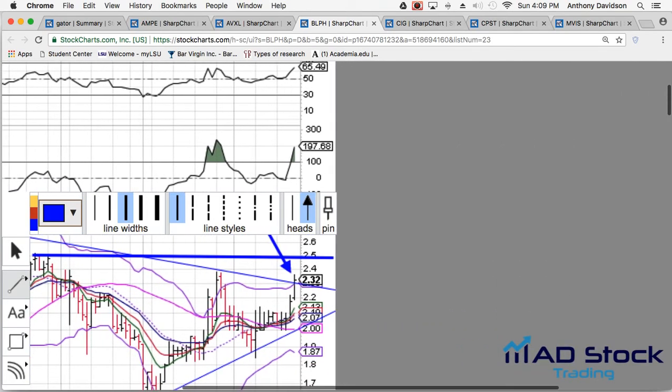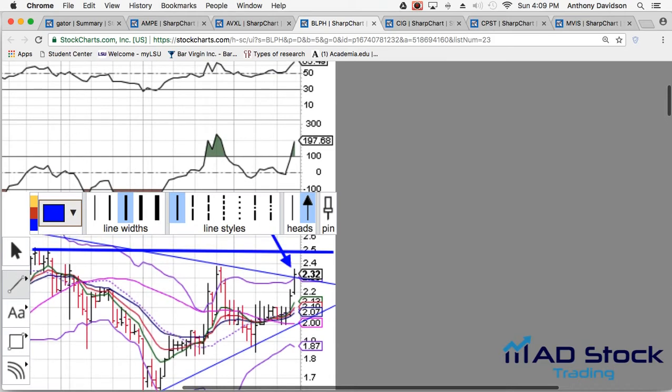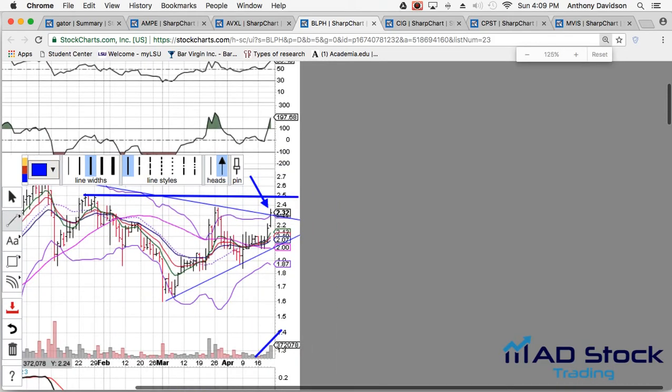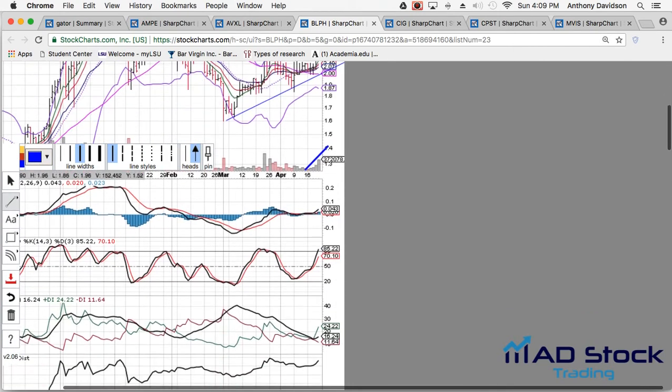Because they're going in the opposite direction, that shows the stock right now is becoming more volatile, and we're in the upper end of it. So if we keep rising above and we keep going, that's going to ride that top Bollinger Band all the way back up to the $2.50 mark, which is right where we want to be for that one.